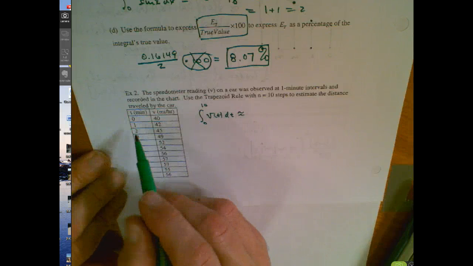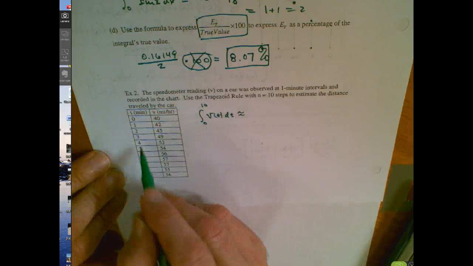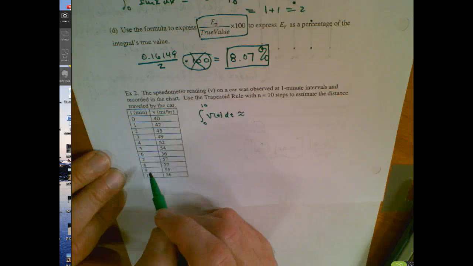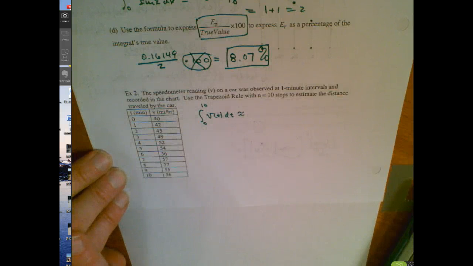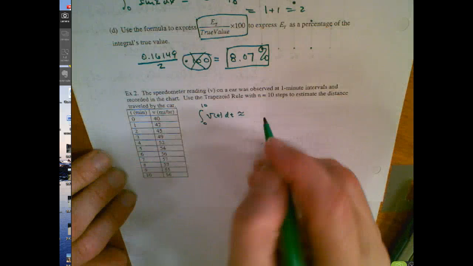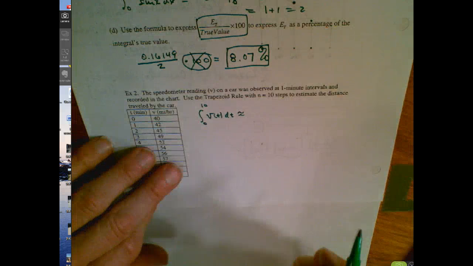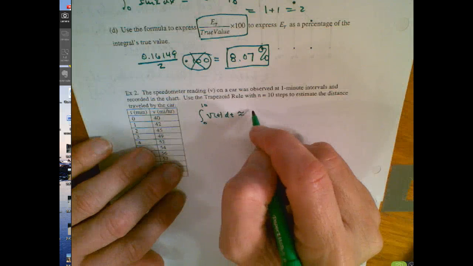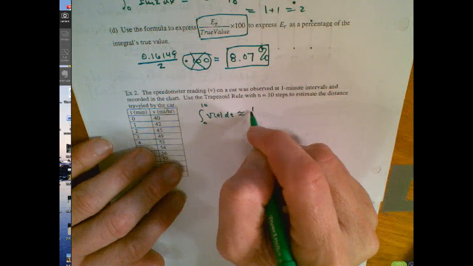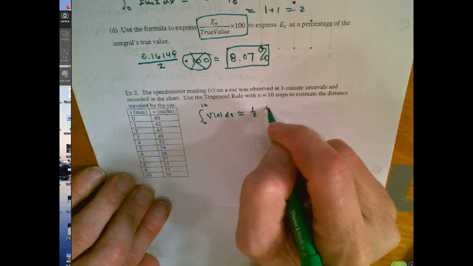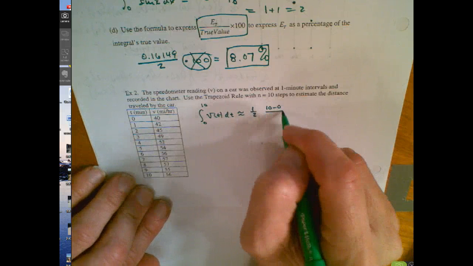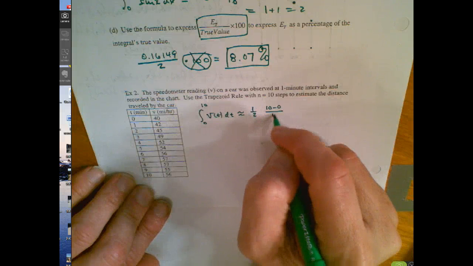Now, let's examine our t values, and notice they are very nicely and evenly partitioned, so we could use the direct trapezoidal rule that we knew it to be. So here's how we would set it up. This is approximately equal to 1/2, and it's going to be b minus a, which is now 10 minus 0, over n. In this case, it's 10.